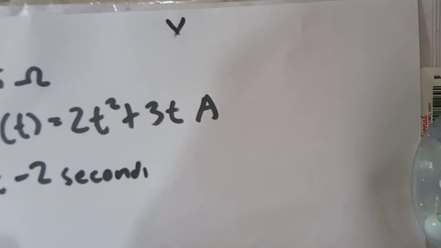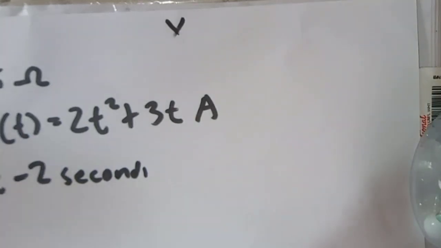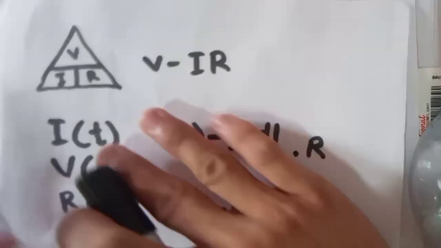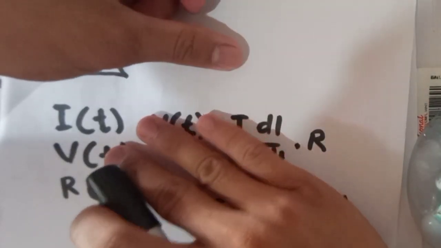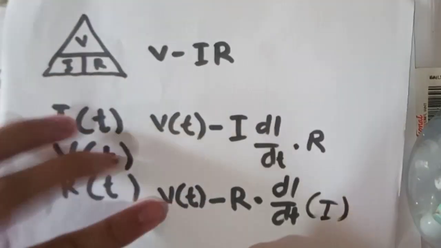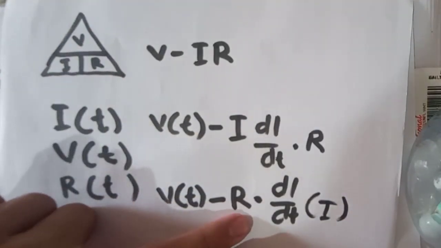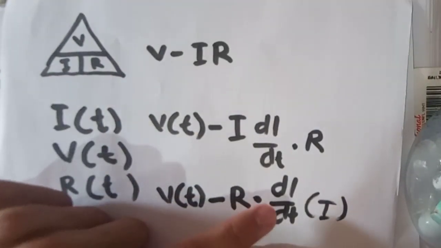In this problem, voltage is unknown. So we can use the equation V equals R times dI over dt, the derivative of current times resistance.